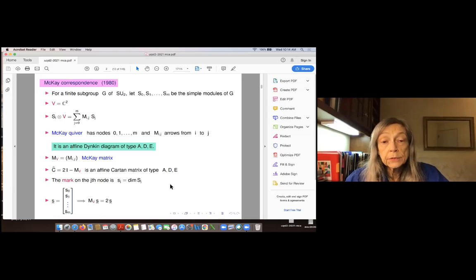And if you take those dimensions and put them in a column, you actually get an eigenvector for the McKay matrix, and the eigenvalue is 2. So if you were to take this affine Cartan matrix C, this S would just be the null vector, something you might know from studying affine Kac-Moody algebras.